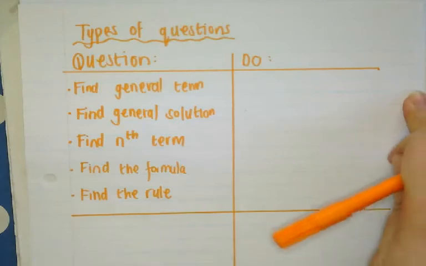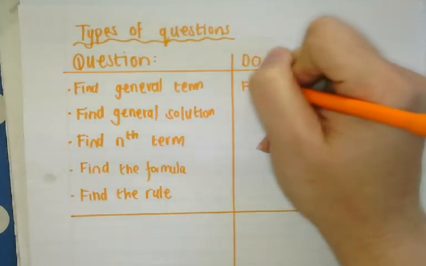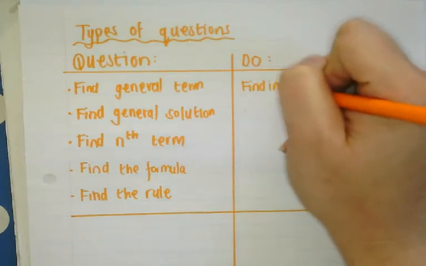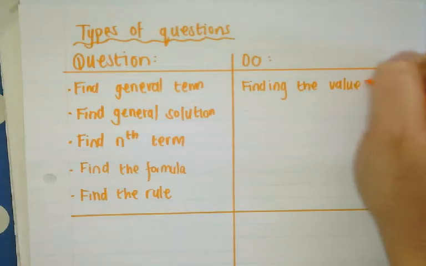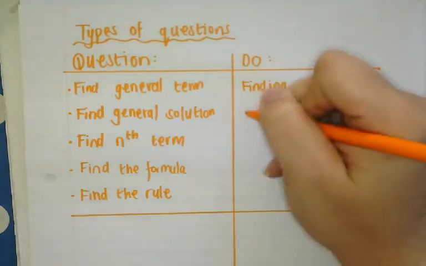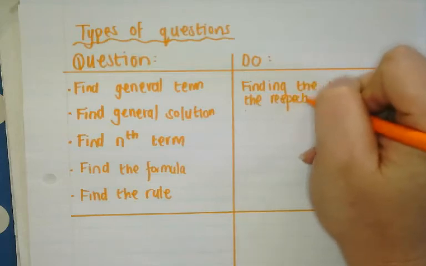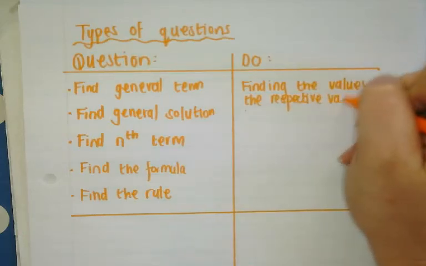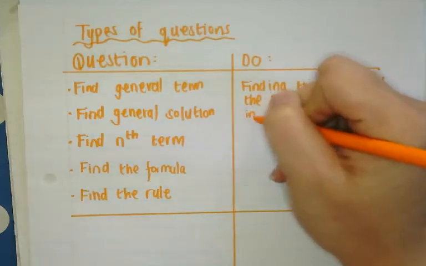So that's my question, but what am I doing? I am finding the values of the respective variables in the formula.